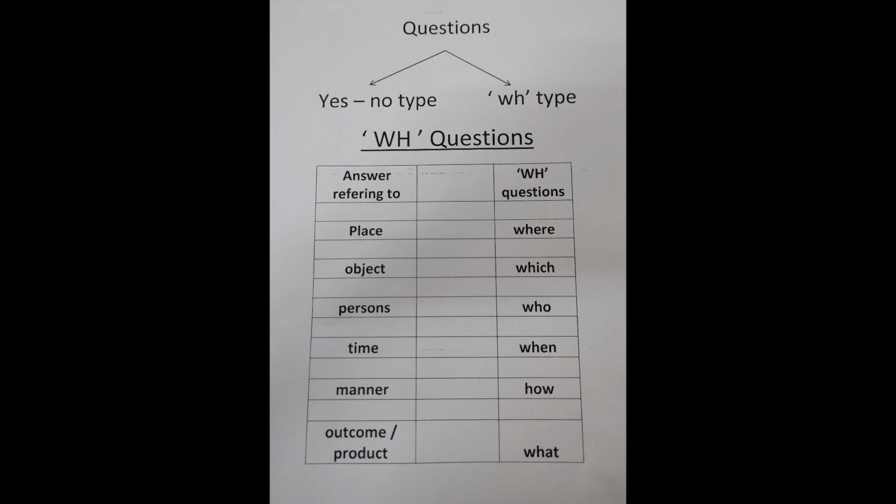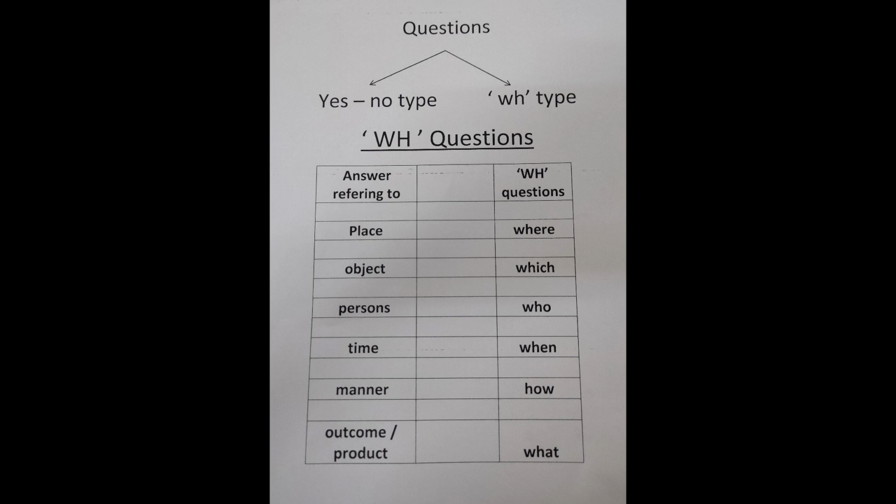Hello friends, in our day-to-day life, we are confronted with so many questions. Questions are asked for getting some information. And we know that there are two types of questions. Yes-no type of questions, where the answers are given only in yes or no form.